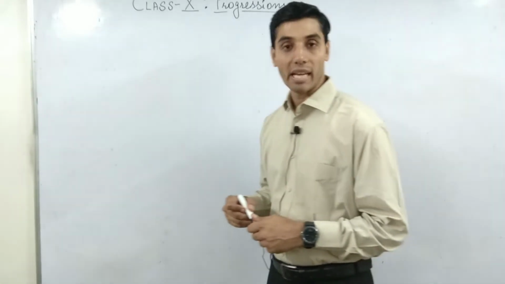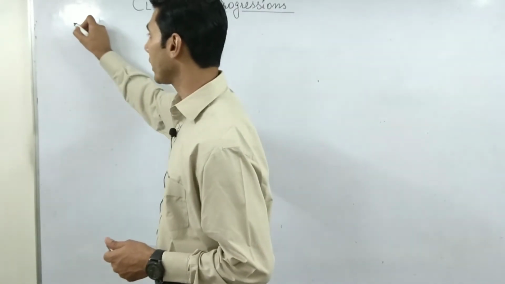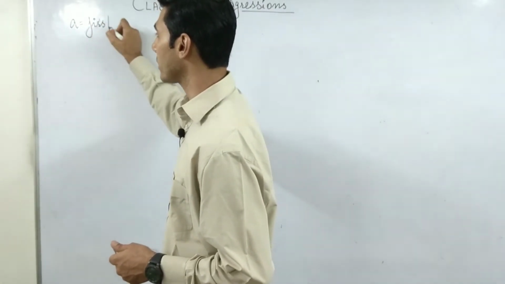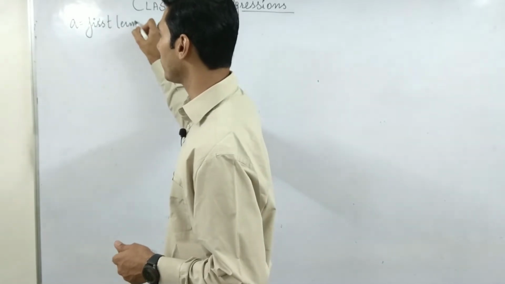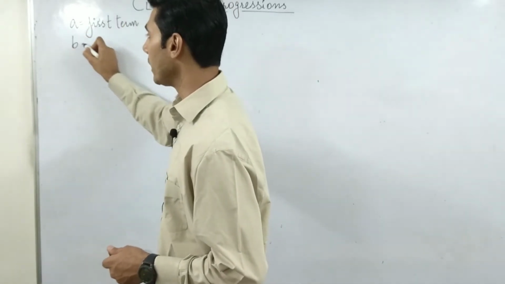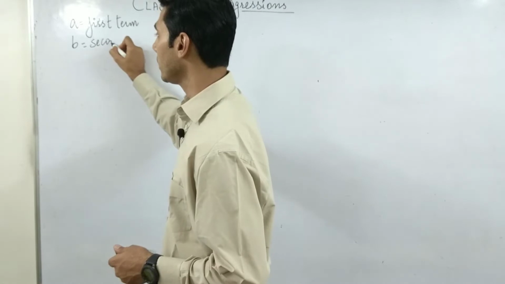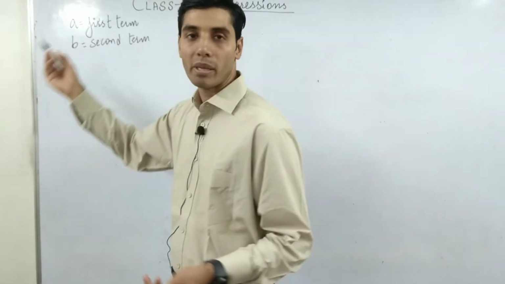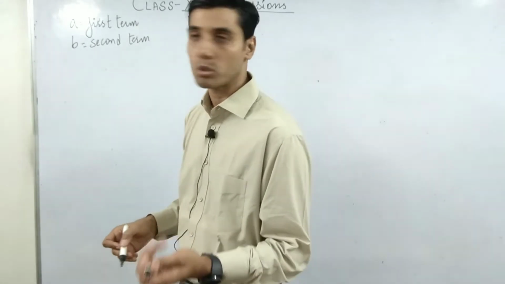So कल तक हम लोगों ने क्या क्या सीखा था? कल तक हम लोगों ने सीखा था that A is equals to the first term, जो भी आपकी सीरीज की फर्स्ट टर्म होगी उसको आप बोलोगे A. What is B? It is known as the second term. आपको चाहिए तो आप लिख लो, अदरवाइज आप B मत लिखो, C लिख लो, M लिख लो, N लिख लो, जो मर्जी है.